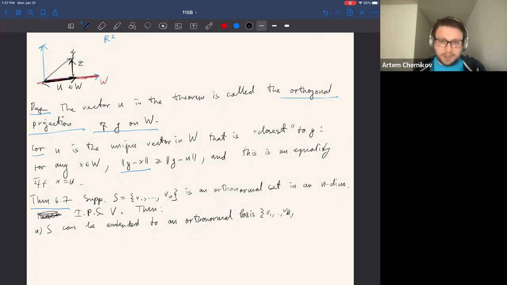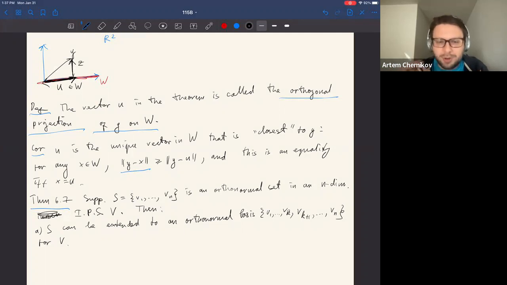This is what we were already given, and it can be extended to vk+1 through vn, an orthonormal basis for V. Okay, so this is a familiar property. Remember, we know this already for vector spaces, that any linearly independent set can be extended to a basis. This is an elaboration on the same fact, but now in an inner product space.